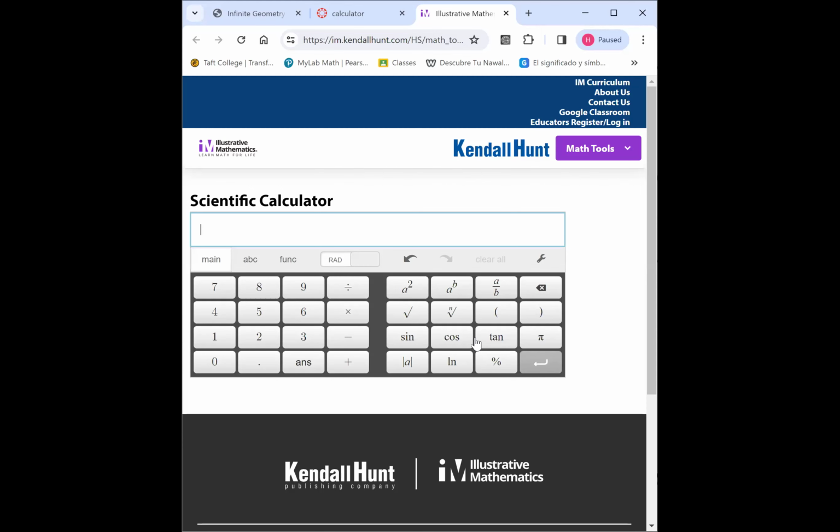Let me clear this out. 3.9 squared times 3.14. And it says 47.7594. I have to round it to one decimal place. The 5 is big enough, so I'm going to call this 47.8.